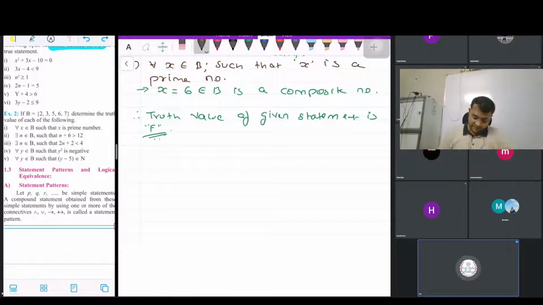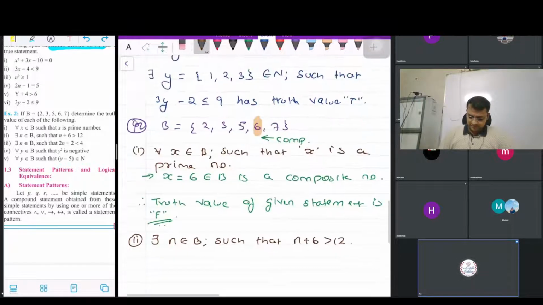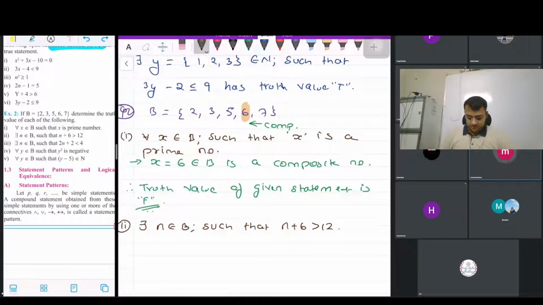Okay. Let us see the next one, the second one. What is given to us? It says there exists n belonging to B such that n plus 6 is greater than 12. Let me check. Yes, 2 plus 6 is not satisfied, 3 plus 6 is not satisfied.